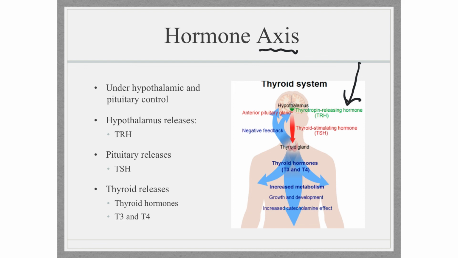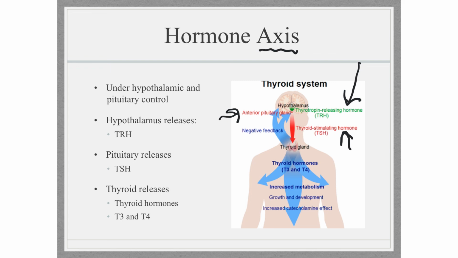TRH binds to receptors in the front or anterior portion of the pituitary gland, also called the adenohypophysis. And those receptors in the anterior pituitary bind TRH, and in response to TRH binding, the pituitary makes a tropic hormone called TSH, or thyroid stimulating hormone.